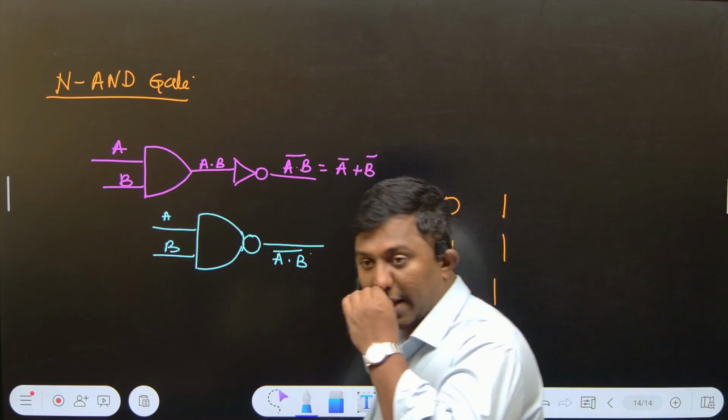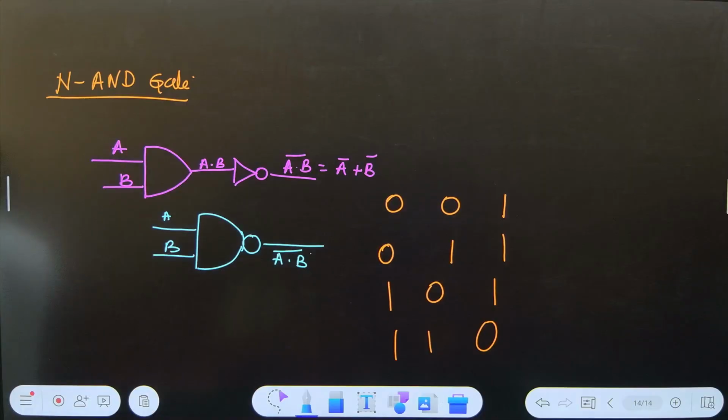Meaning, for AND gate, when both are maximum, then only output is maximum. In all other cases 0. If you remember that, we can write NAND gate. If you remember OR gate, we can write NOR gate. Understood, na?